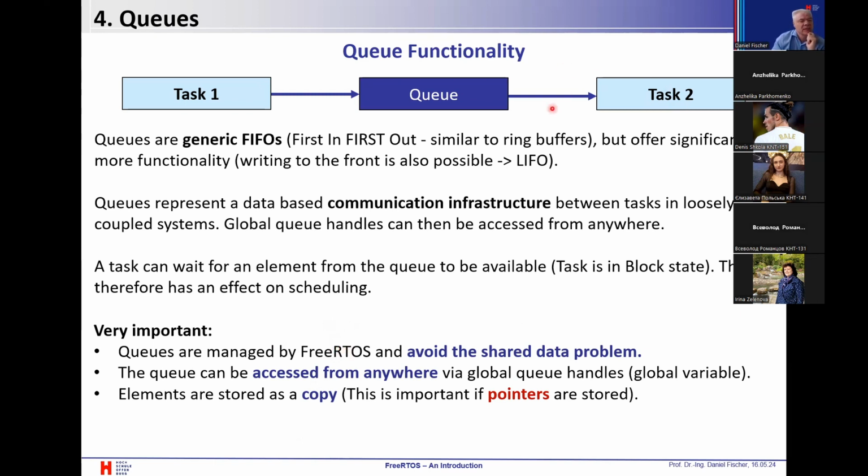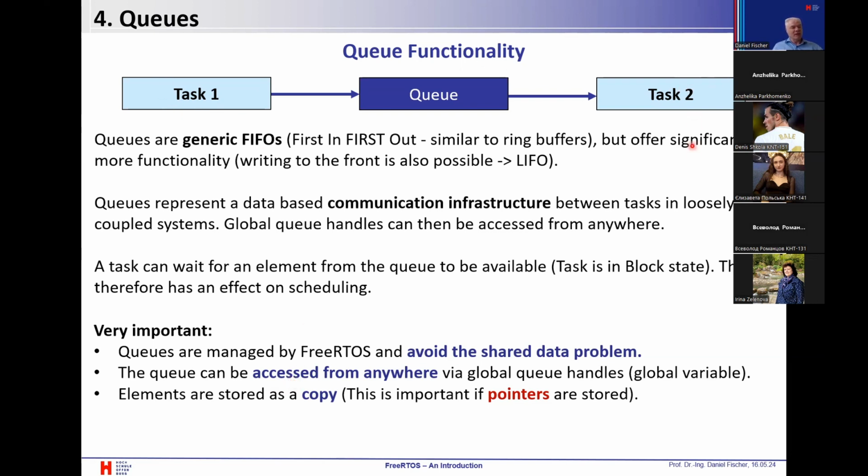It's not possible that task 2 is reading and in between task 1 is writing new data and corrupts the data. This is not possible. Queues can be accessed from anywhere in the code, therefore, a short exception: the queue handle should be a global variable. This is an exception from the formal rule not to use global variables.